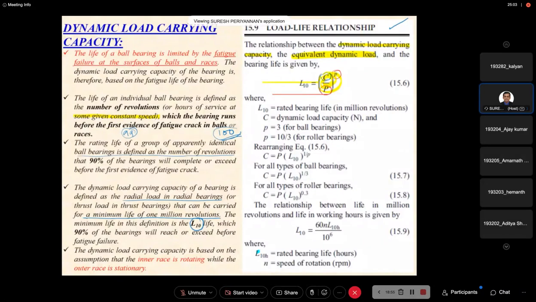For different bearings the constant varies. That is nothing but an empirical constant.